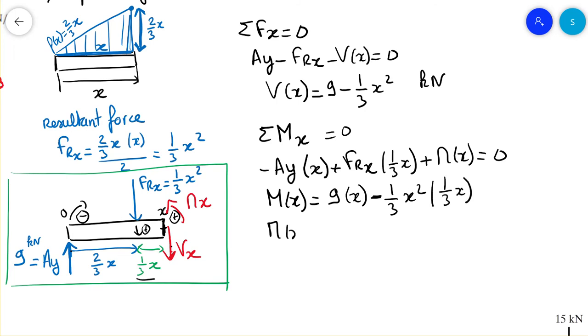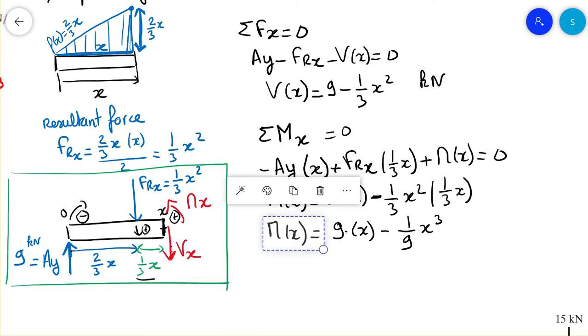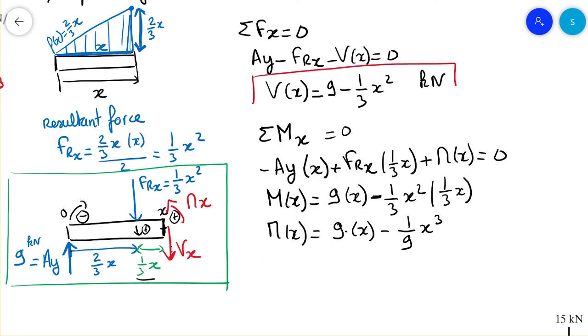So M of x is equal to 9 times x minus 1/9 x cubed. So we have V of x in kilonewton, M of x in kilonewton times meter.